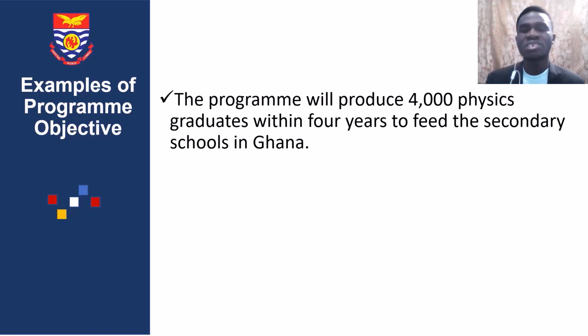But the objective this time must be quantifiable. So we design a program that will produce 4,000 physics graduates within 4 years to feed the secondary schools in Ghana. So it must be measurable and it must also be specific.